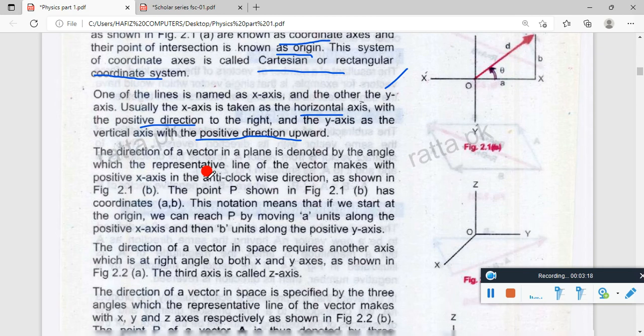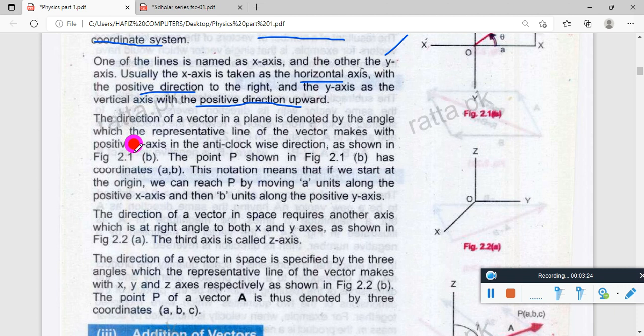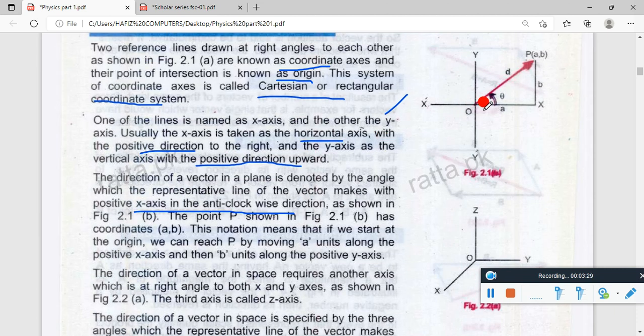The direction of a vector in a plane is noted by an angle which the line of the vector makes with the positive x-axis in the anti-clockwise direction, as shown in the figure. This angle is represented by theta in the counterclockwise or anti-clockwise direction.